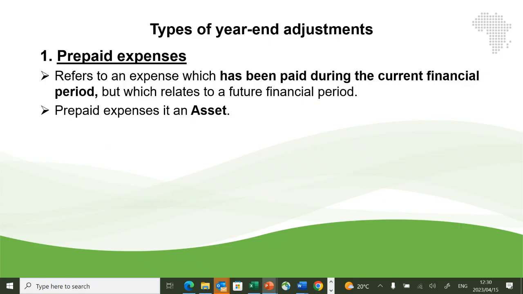The first one that we're going to look into is prepaid expenses. What is a prepaid expense? A prepaid expense refers to an expense which has been paid during the current financial period, but which relates to a future financial period. So we have paid for this expense before we even incurred it.